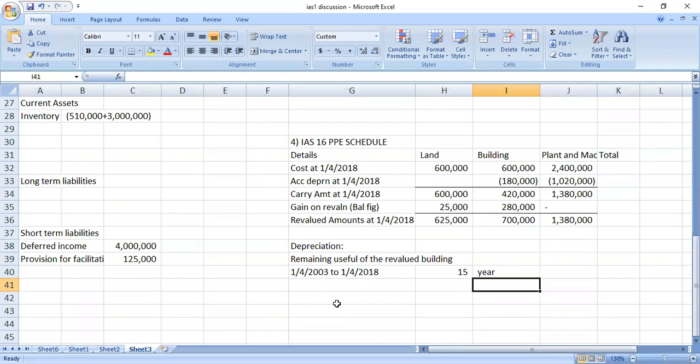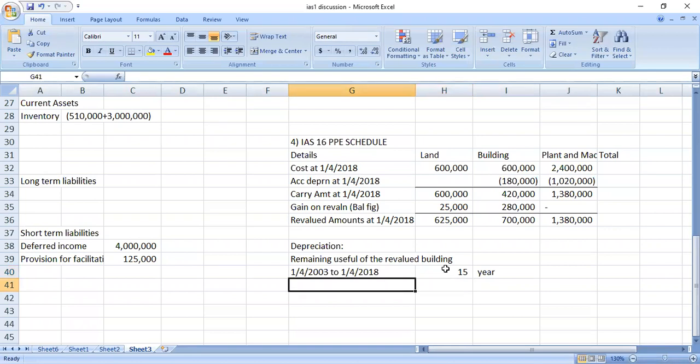Like that, like that. I don't really want to count that for now because of time, but you count like that till the closing date, which is 1st April 2018. The number of years that you have counted there should be 15 years. So this is what you have consumed so far.